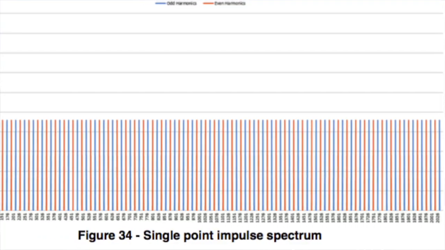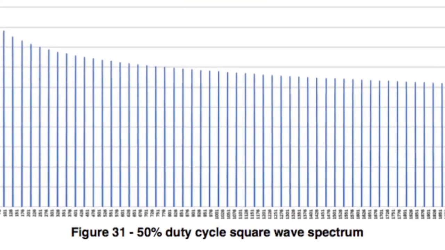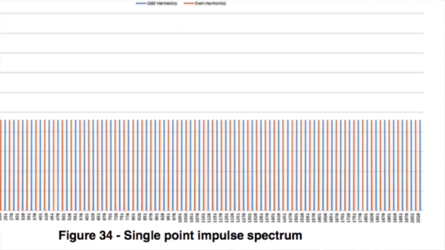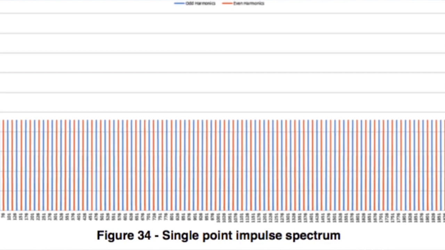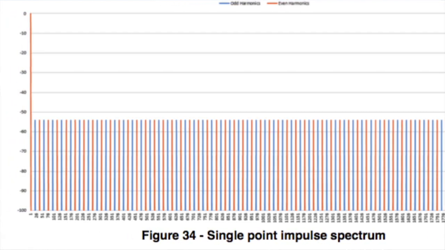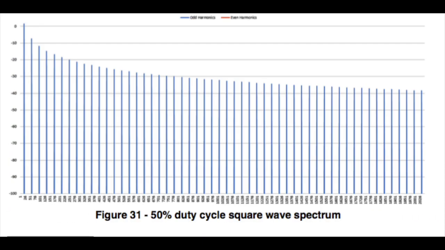So that's really cool. But what's really interesting is, remember the beauty of the impulse, the square wave, and the ramp wave. For the impulse, the harmonics are all exactly the same. For a square wave, it's 1 over the harmonic number, only odd harmonics.